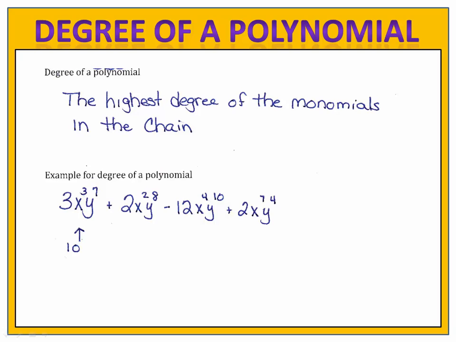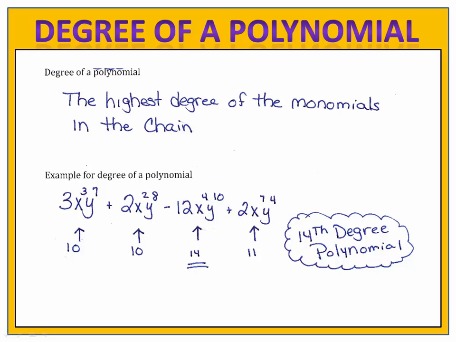This term has the 10th degree. This term also has the 10th degree. The third term has the 14th degree, and the last term has the 11th degree. The largest degree in the polynomial is 14, and so we say that this is a 14th degree polynomial. We simply find the degree of each of the terms and pick which one is the largest in order to name the polynomial.